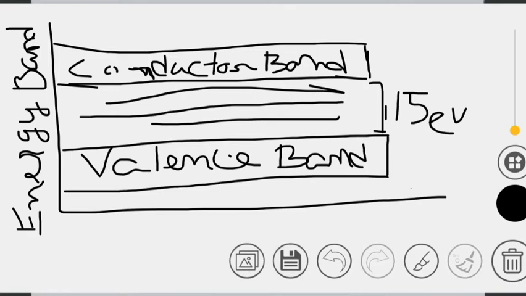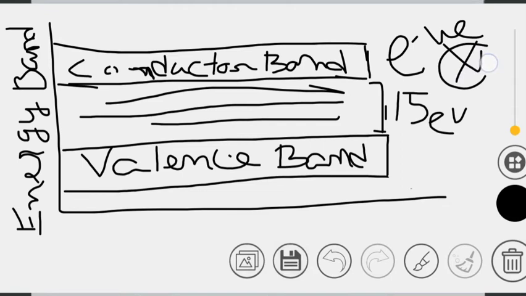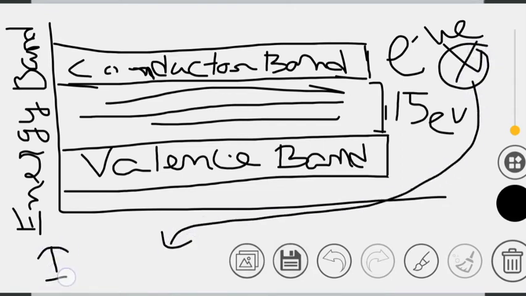Because of this forbidden energy band, in an insulator electrons cannot flow through it, and because electrons cannot flow, current also can't flow. Clear? This is the energy band diagram of an insulator.